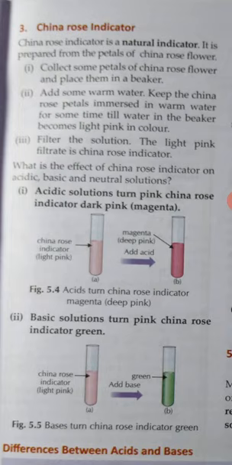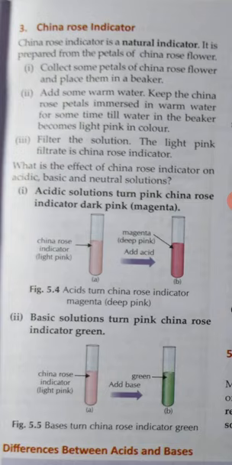After some time, we will see that the color of the water changes to light pink. Now after filtration of that solution, that water we can use as an indicator.